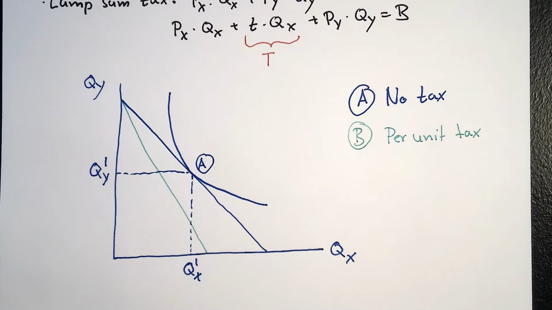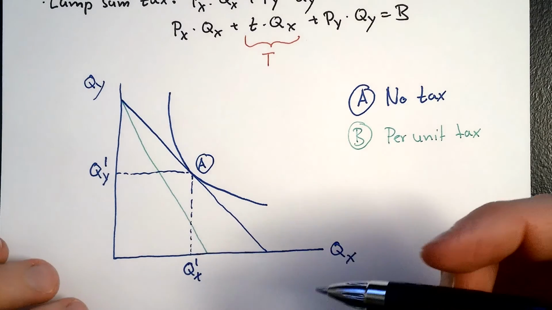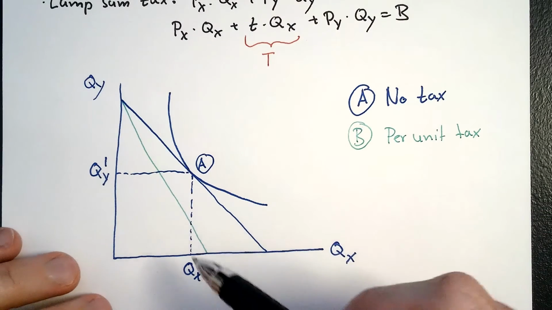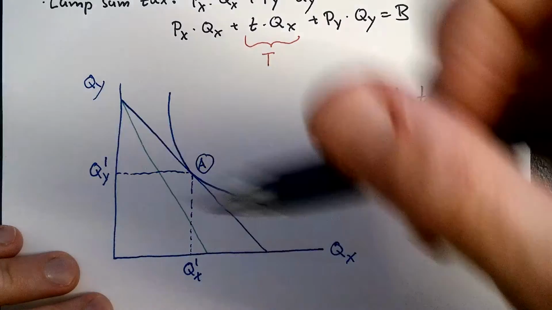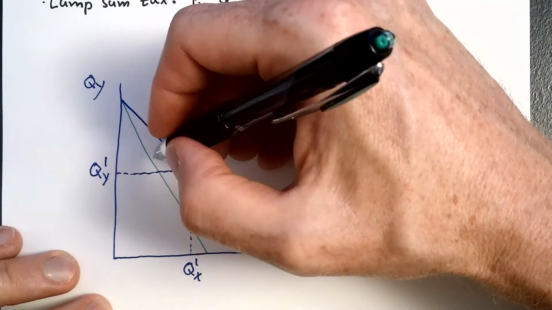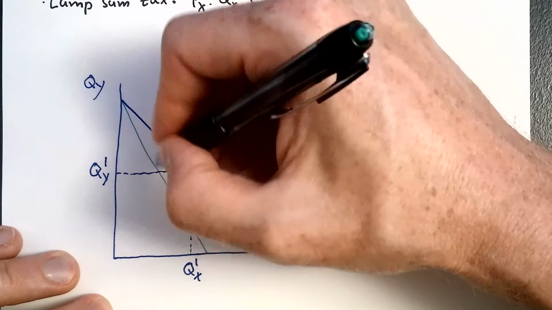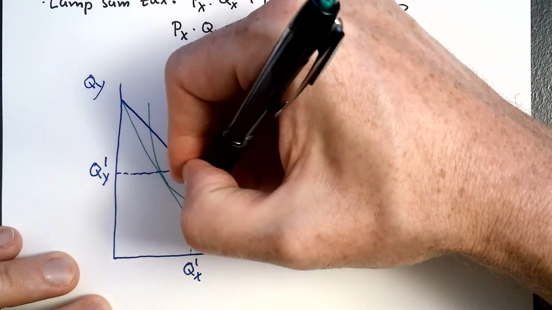And of course, since point A is not affordable anymore, the consumer has to rearrange the goods consumed. Suppose that the consumer is now consuming at the point here.